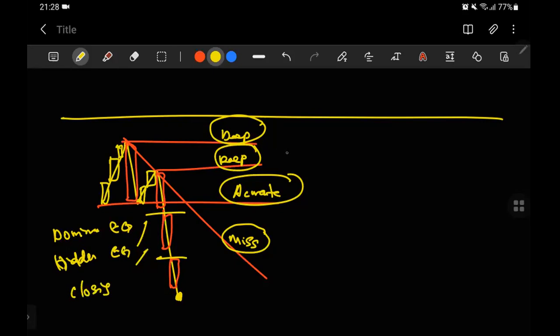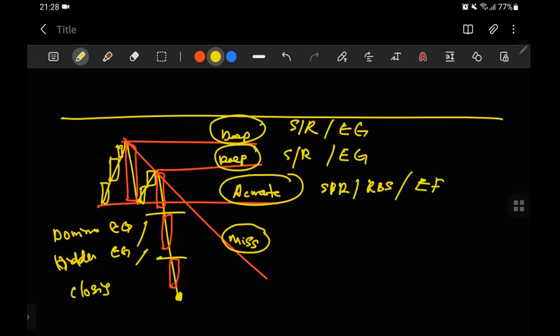And over here it will be like support and resistance or engulfing. Same for the accurate, it will be SPR, RBS, or engulfing field.